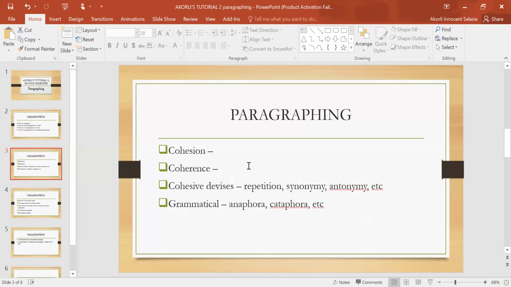Cohesion, you can use lexical cohesion, that is using words. But then we can also use grammatical cohesion, which has to do with connecting an idea to another idea.